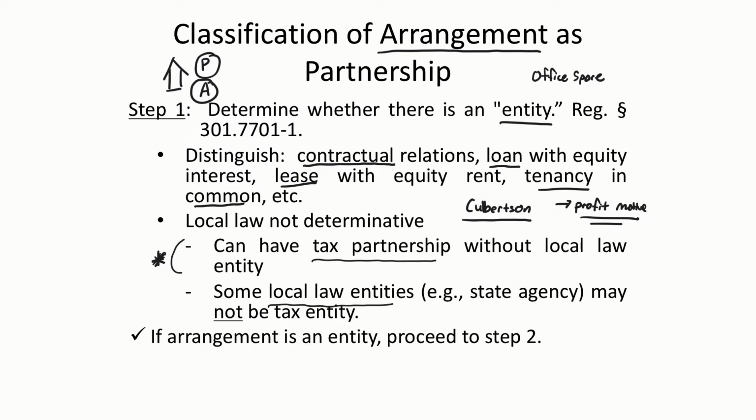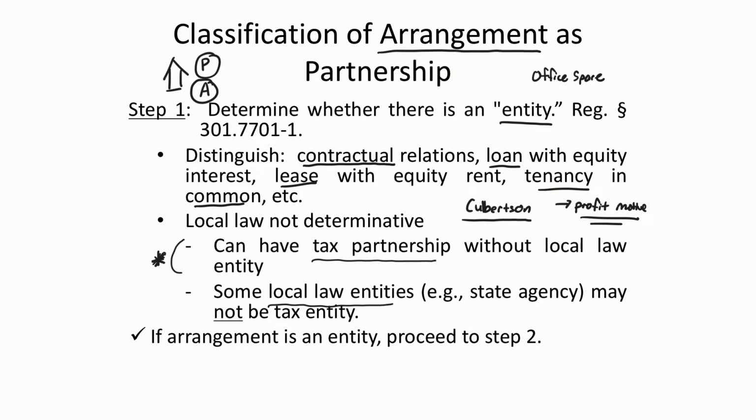And they just share the expenses. That's a contract. There's no entity. The law says that does not rise to the level of an entity for federal tax purposes. And the main reason is, is there a profit motive there? No, there's not.